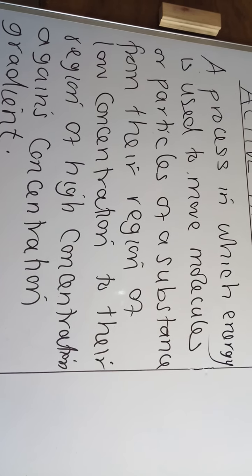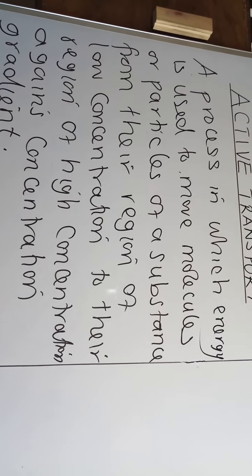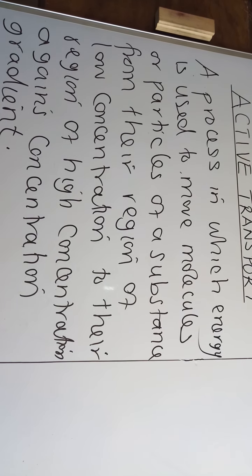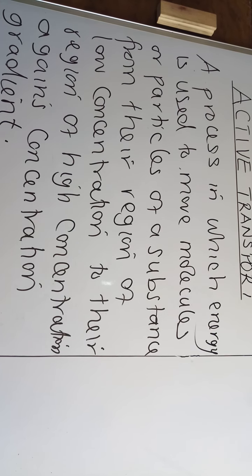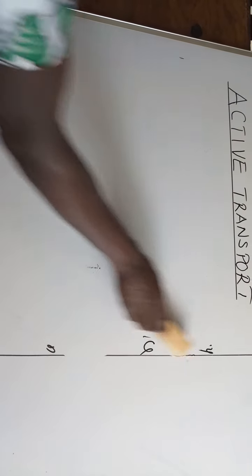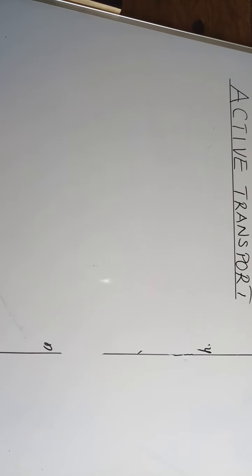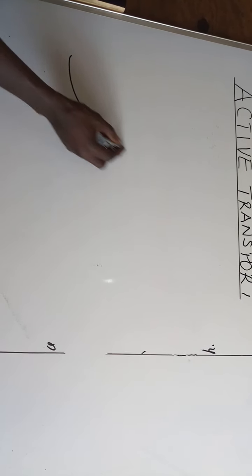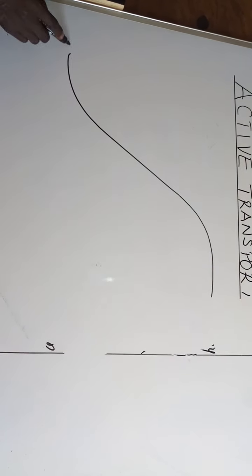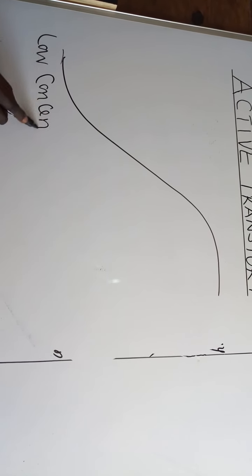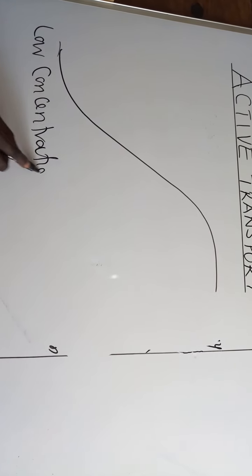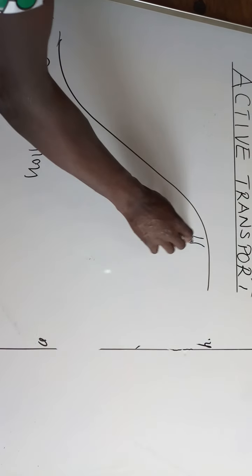So that's the full definition of active transport. If I may use a diagram to represent movement of particles as per active transport, then this is how the diagram would look like. So particles moving from region of low concentration to region of high concentration.